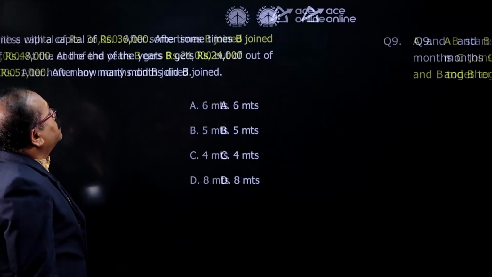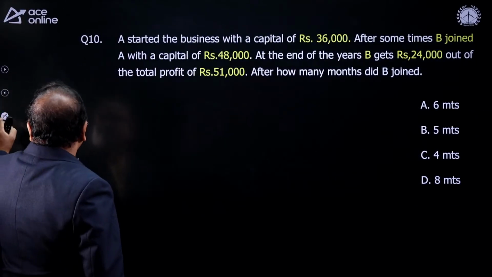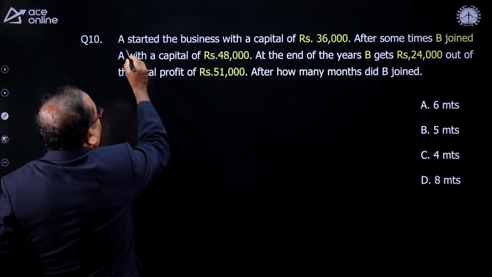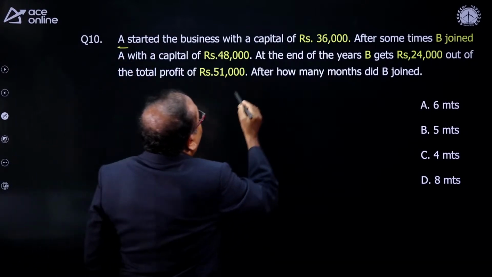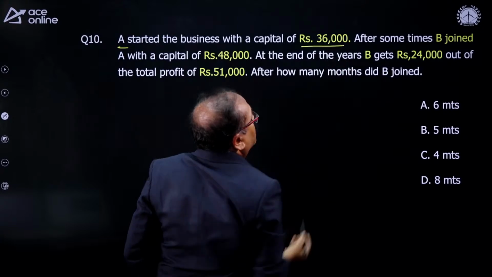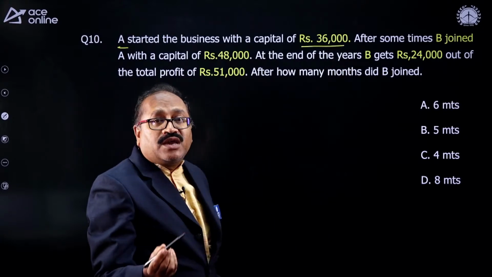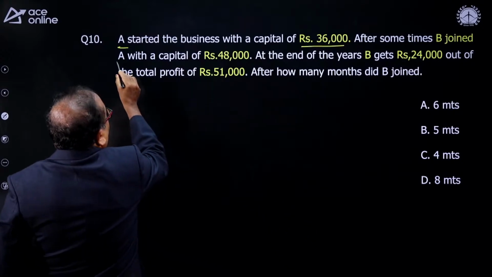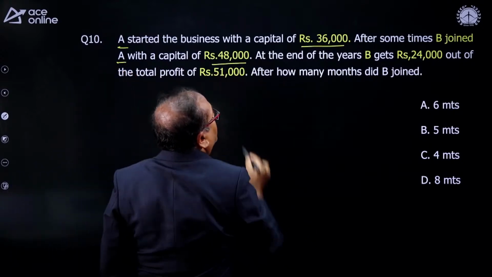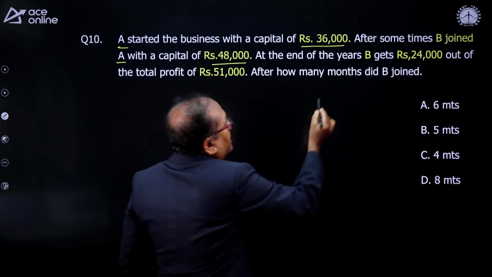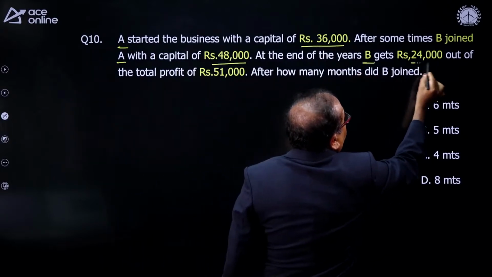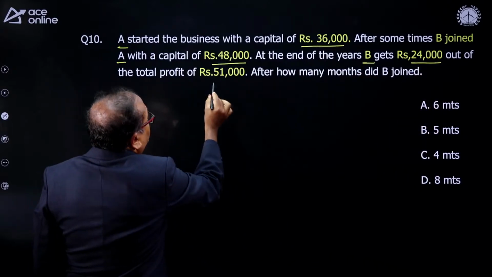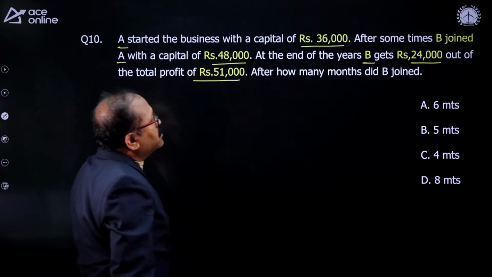Now, the next question is here. A started the business with a capital of 36,000. After some time, B joined A with a capital of 48,000. At the end of the year, B gets rupees 24,000 out of the total profit of 51,000.